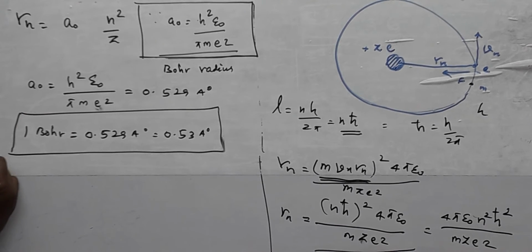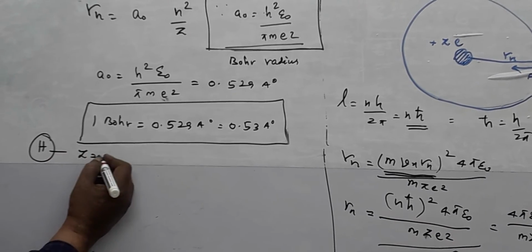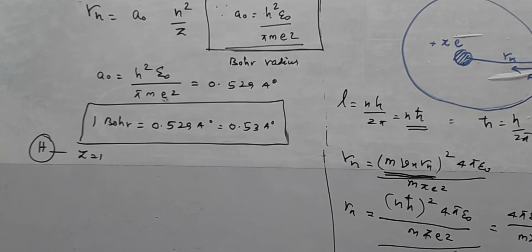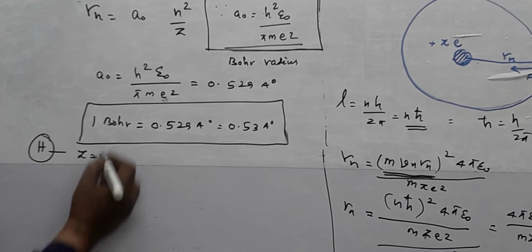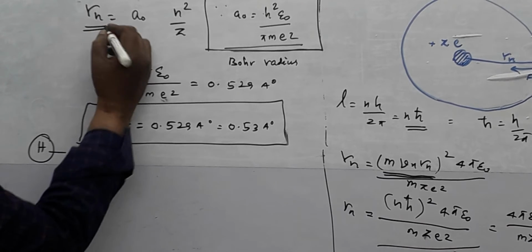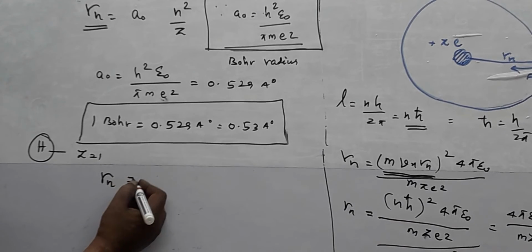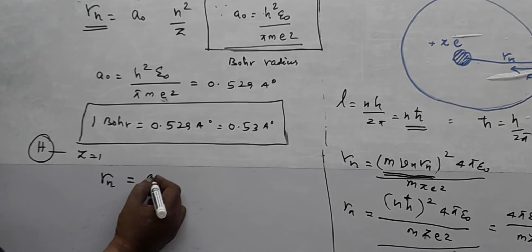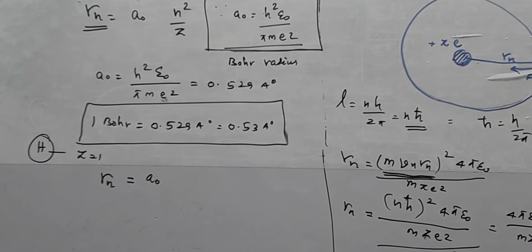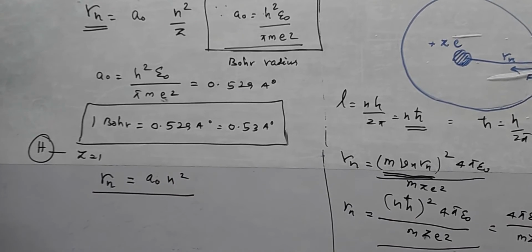When you consider the hydrogen atom, Z equals 1. Therefore, the radius of the nth orbit of an electron, Rn, with Z equal to 1, is a naught into n square. This is the fundamental equation.